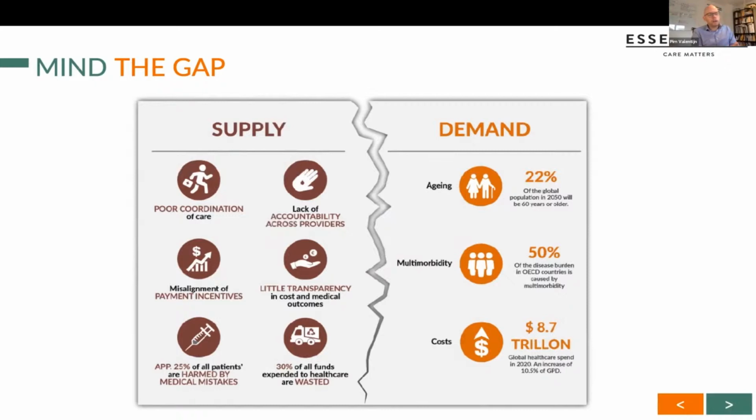First of all, aging. We know that especially the high income countries, and already the middle income countries, are aging. In 2050, already 22% of the global population will be defined as elderly. This is not by itself a problem, but we know that people are not aging more healthily, so they will come with healthcare needs to the healthcare system. In the current OECD registration, we already see that 50% of the disease burden is caused by people with so-called multimorbidity, with two or more diseases.